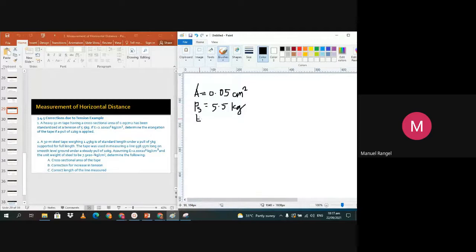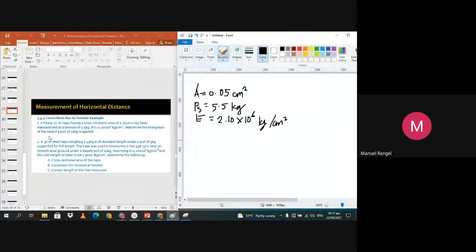Then the modulus of elasticity is 2.1 times 10 raised to 6 kilogram per square centimeter. Then the standard length is given as 50 meters. Walay given na measured.